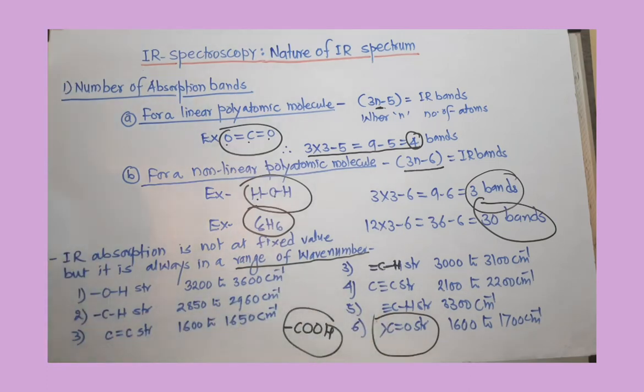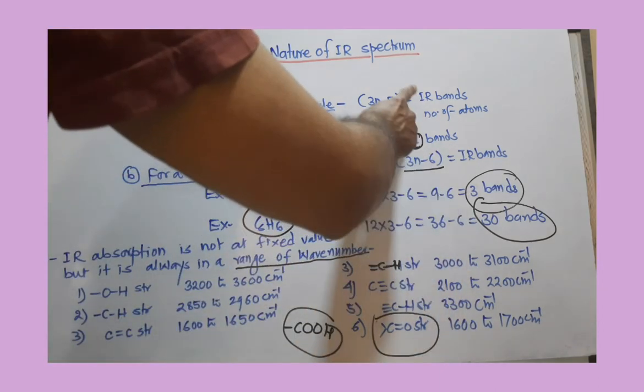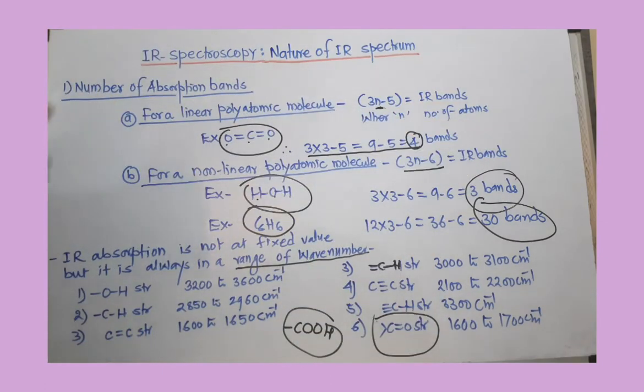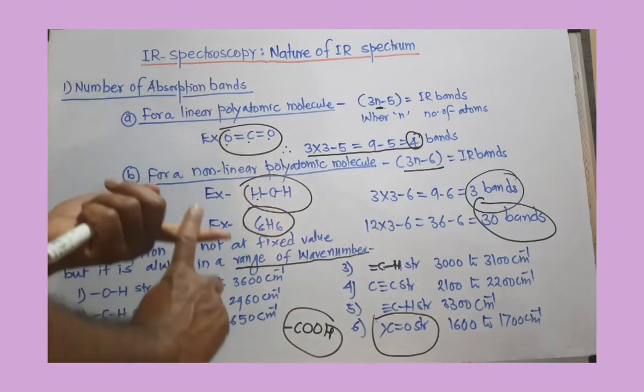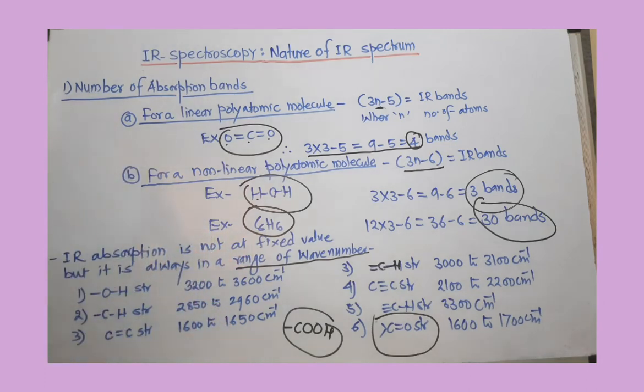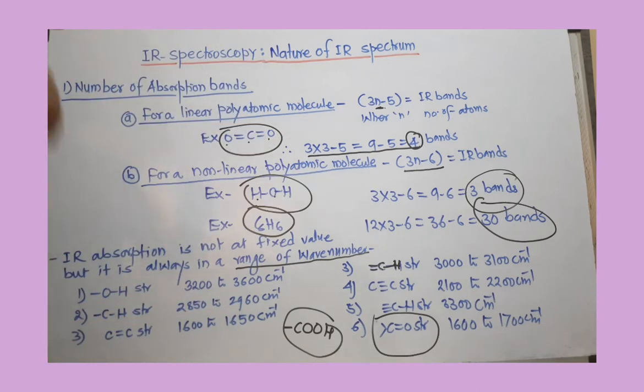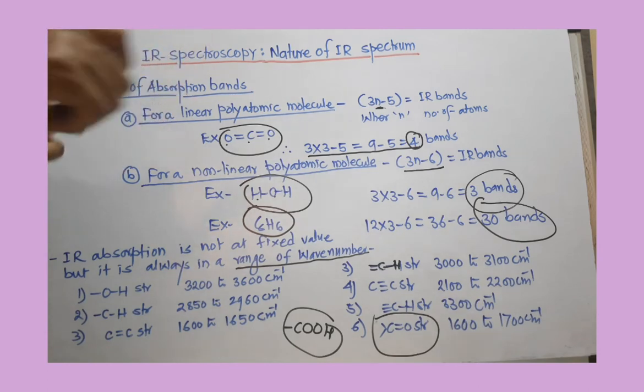In this way, you can gather information regarding the structure of the molecule. And again I am telling you, whatever total number of bands you predict is not exact. It may be more or less because of overtones, combination bands, subtraction bands and many more. We have to consider different factors: steric hindrance, electronic factors, even the size of the atom, even bond strength.